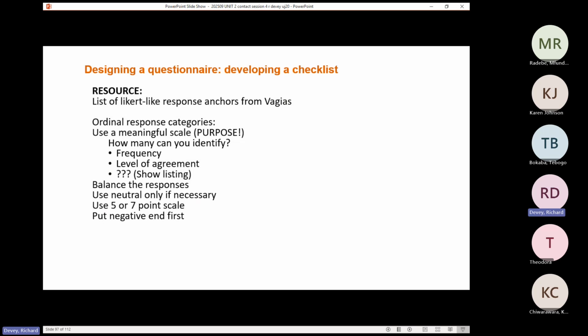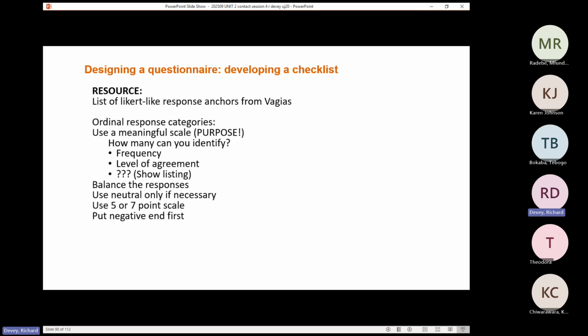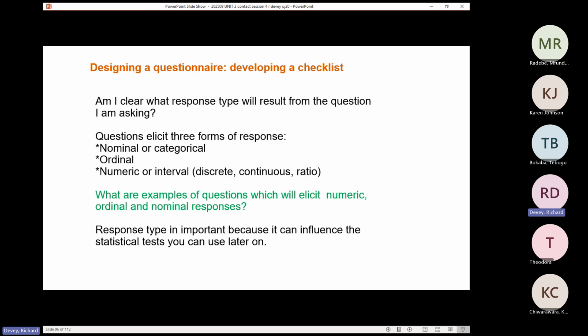Okay. I mentioned that I would talk about this. I'm going to send you a document, which I won't show now just because of time. When we use ordinal responses, as I mentioned earlier, often people use strongly agree, strongly disagree, but there's a whole range of options we can use to measure different dimensions.